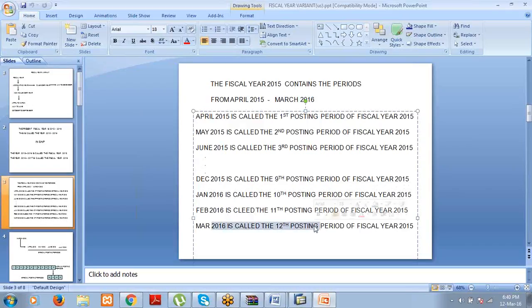So for Indian companies and UK companies, March 2016 is the 12th period of fiscal year 2015. Within the next 18 days, the current fiscal year is going to be over and fiscal year 2016 will start. That's how the months are represented in SAP.